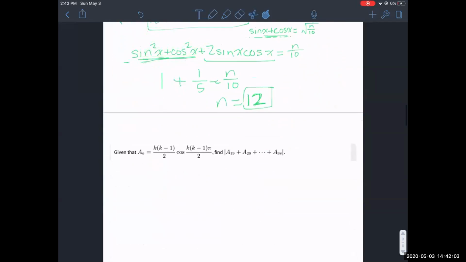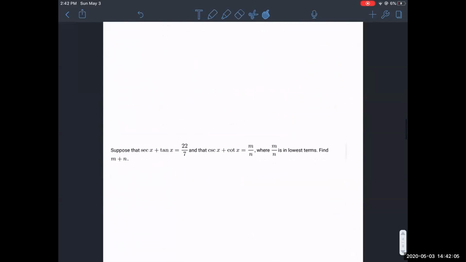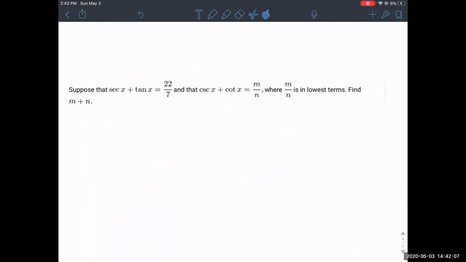I'll skip the next one for the time being, since I don't think it's terribly interesting, but I think this one's okay.